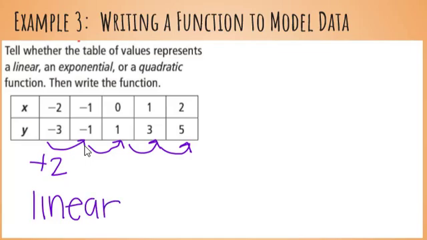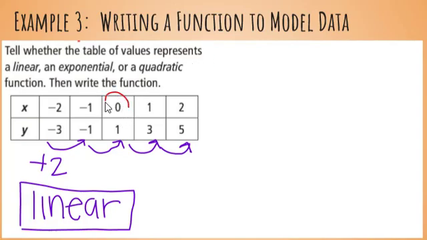Now to write the equation, we have to think back to writing our linear functions when we have a table. If you look at this point right here, this tells us some important information. Because our x value is 0 and we have a y value, this is your y-intercept or your b value.